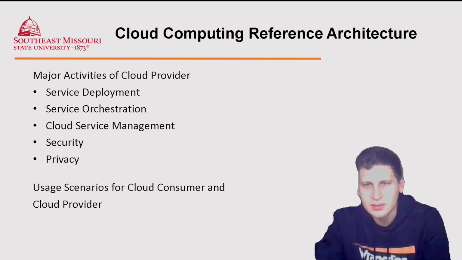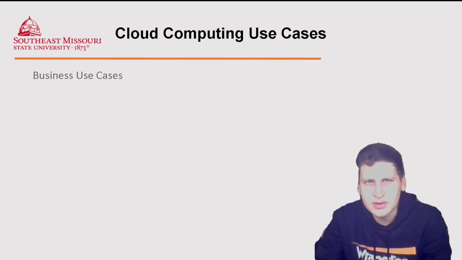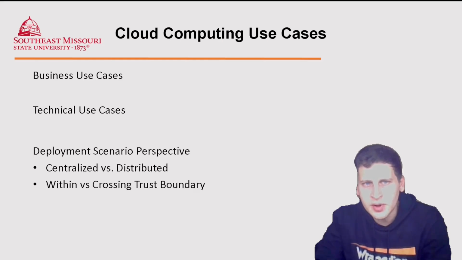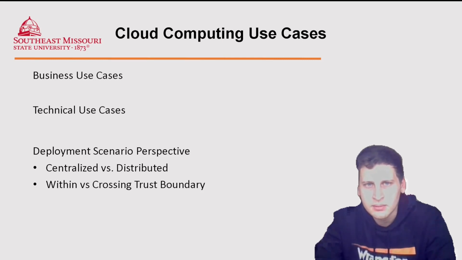In the next chapter, we tried to learn the business and technical use cases of cloud computing. We learned deployment scenario perspectives and tried to examine in detail the difference between centralized and distributed, within or without crossing the trust boundary, and we gave examples about them.